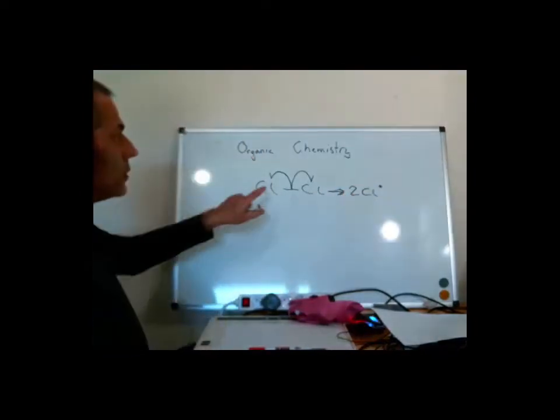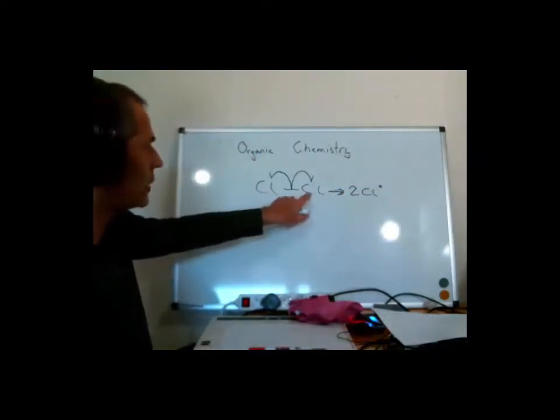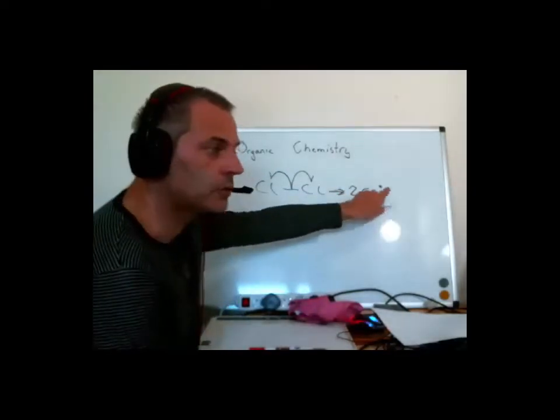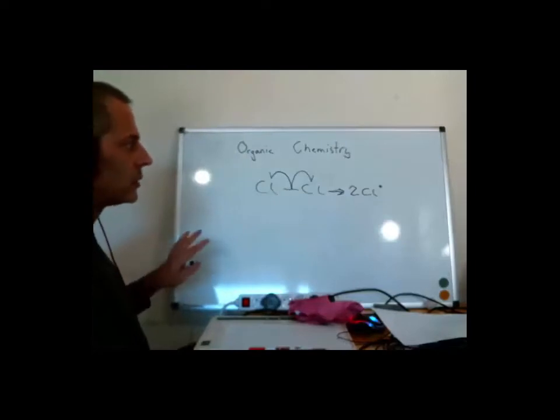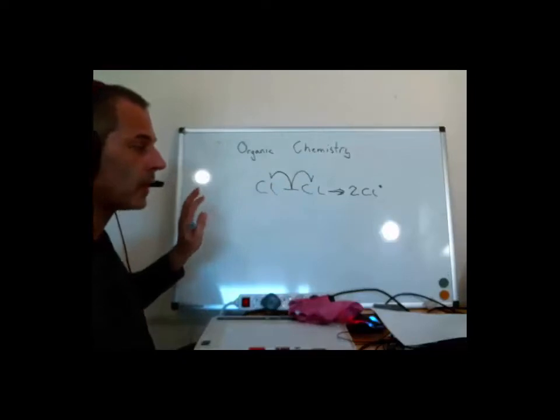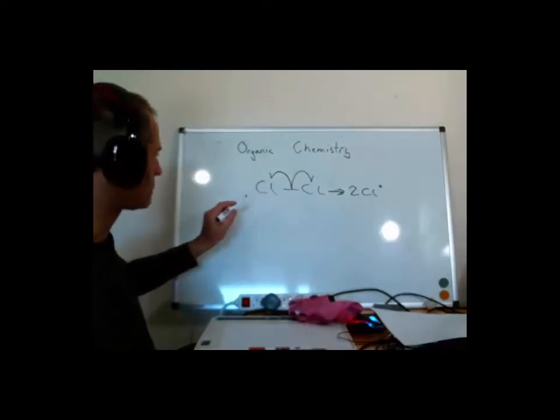As we had before, they're not charged because they got the electron back that they had to start with, but they are special, so we need to show that with a dot. That's an unpaired electron, an electron that's left over that usually would be paired up.